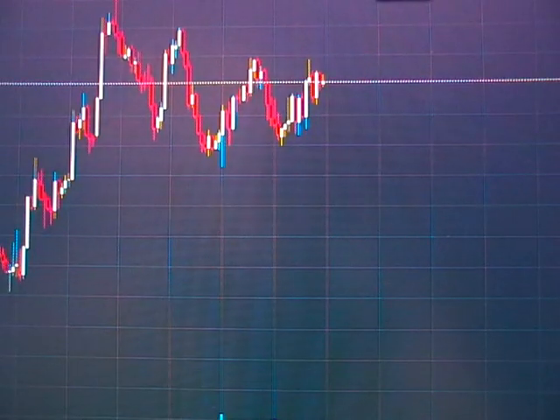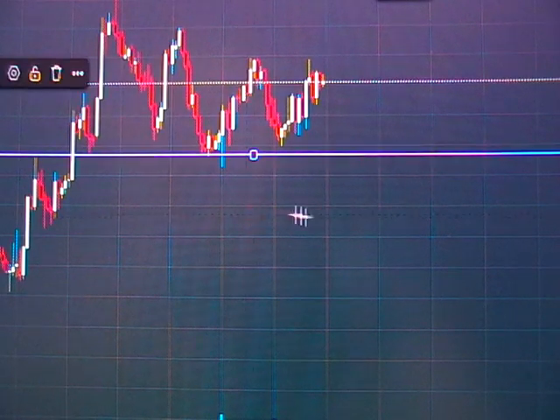Okay, so this is support and resistance. Let me just draw a horizontal line right there.